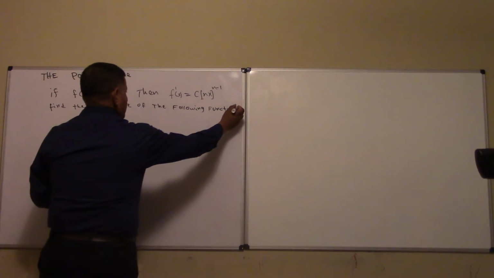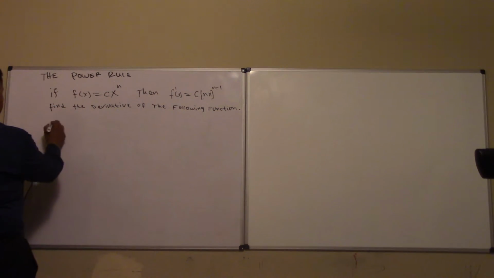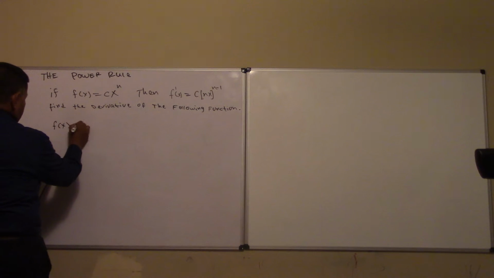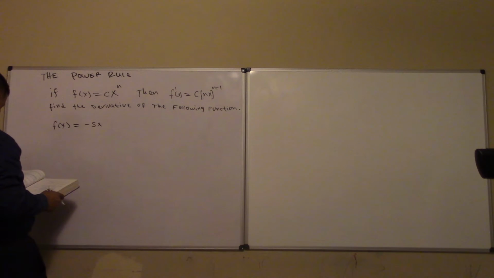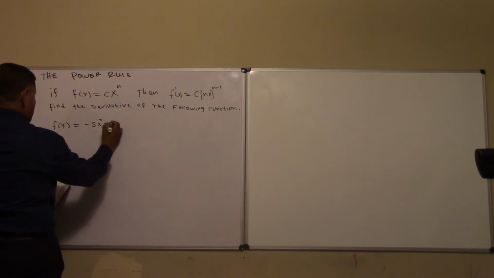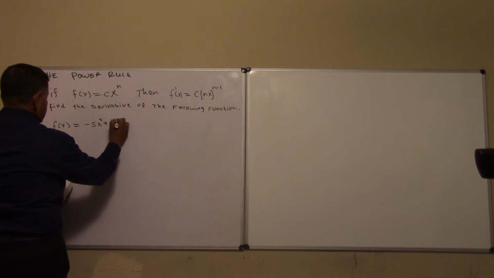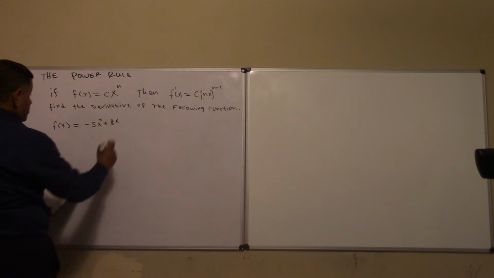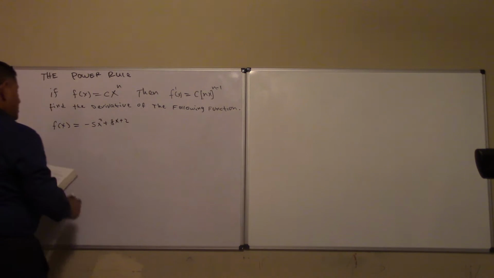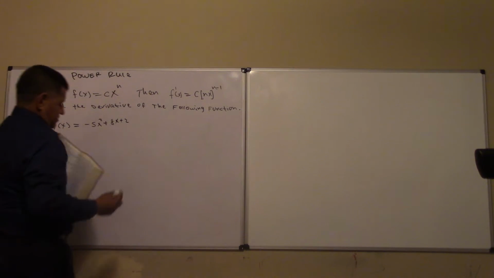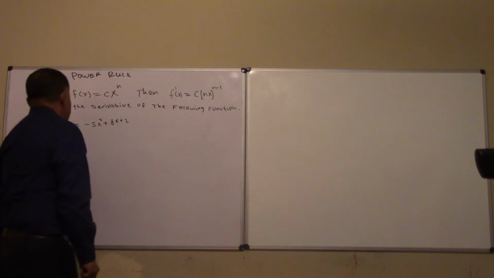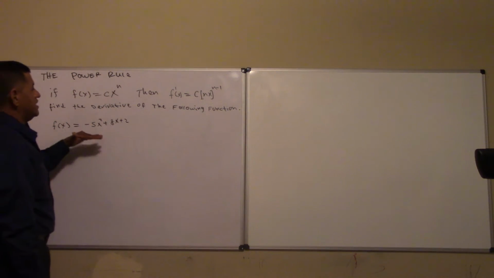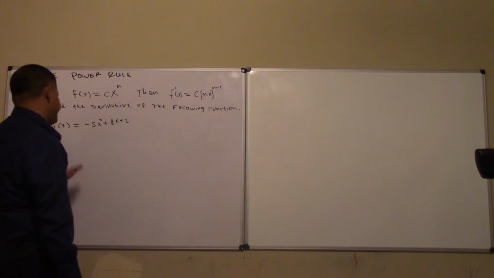Find the derivative of the following function, and that function is f of x equal to minus 5x squared, plus 8x plus 2. That is the function. They're asking me to find the derivative of this function.